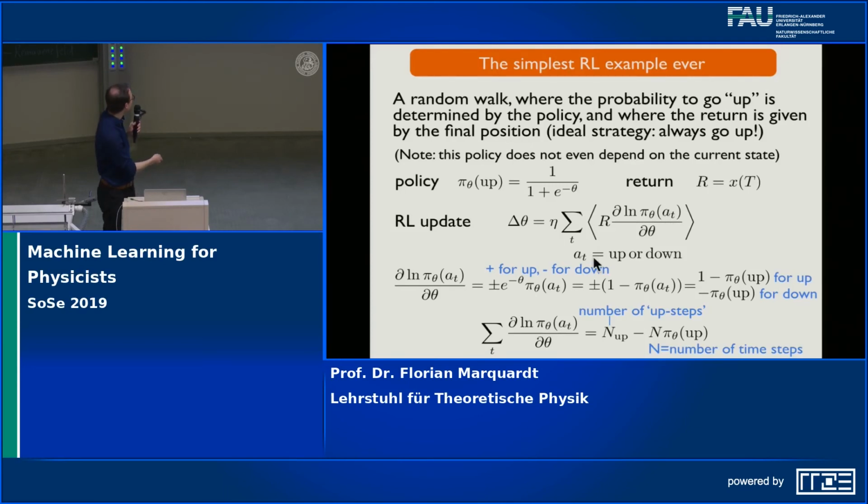Then usually we wouldn't be able to do simple things like sum over all times and express this in terms of the number of steps where I took one action versus the other, because now everything depends on the state you are in. So there are many good reasons why it's almost never the case that things are as simple as this. And so almost always you will need to actually sample these trajectories numerically.